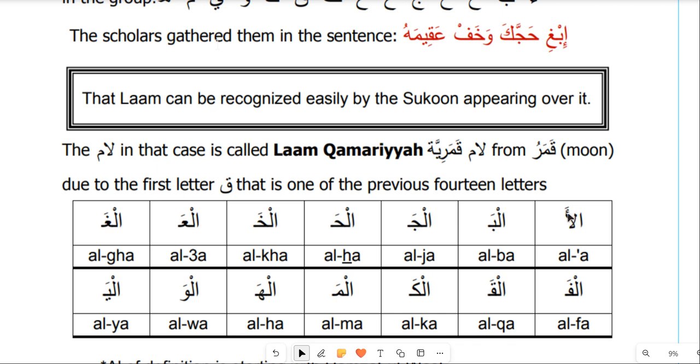As you can see here, all these letters are Qamariya letters, and I have done this in the videos of my step-by-step book, but just to make you remember again, and for some, if the rules are not known, then I'm repeating these rules again.